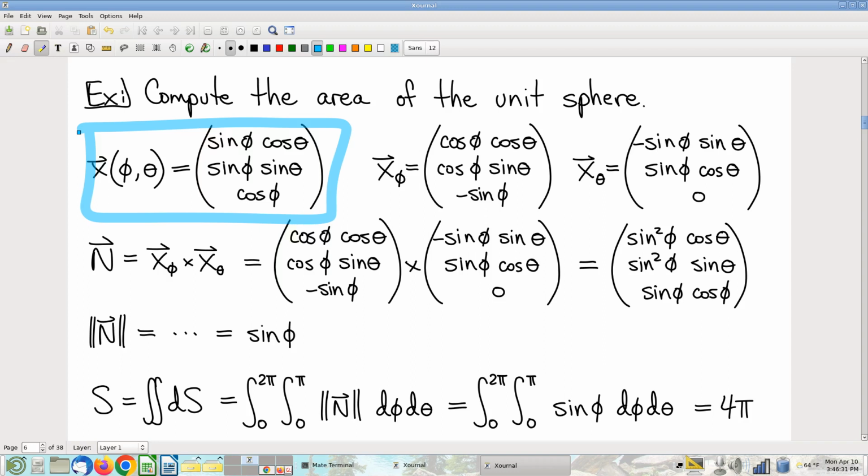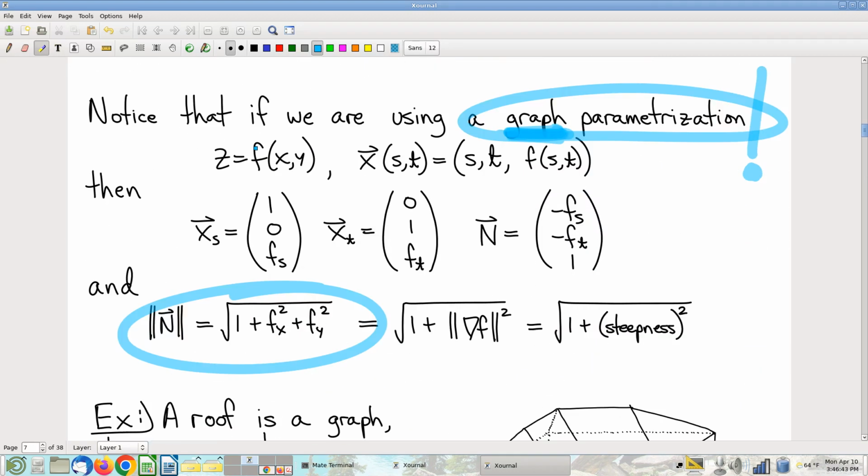It's a sphere. You can't solve for z as a function of x and y. You cannot use that formula for this. And for many others. Again, not every parameterization is a graph parameterization. So, great formula, nice little time saver in the circumstances it applies, but it only applies sometimes.